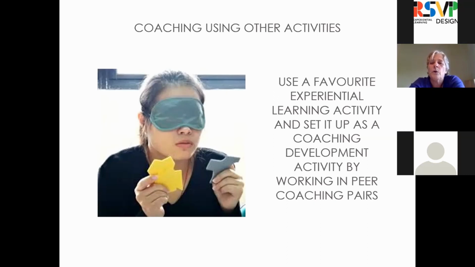Working with the one-to-one observation, I run the exercise as normal, just following the normal brief. I ask the coaches to observe carefully and make some notes about the effectiveness of the contribution that their partner is making.